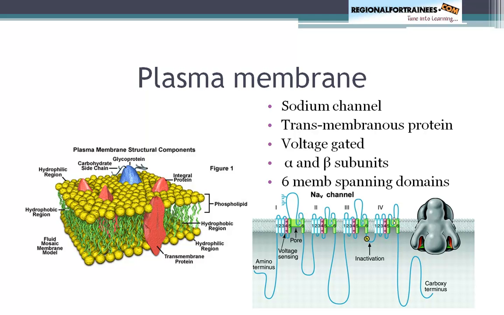Next, we need to know something about the basic structure of the plasma membrane. Any plasma membrane in vertebrates, or in fact invertebrates, comprises two lipid layers. Therefore, it is a lipid bilayer, and these lipids are phospholipids. And it is the phosphate part which gives it the hydrophilicity, and therefore the hydrophilic heads of each lipid layer face outwards.